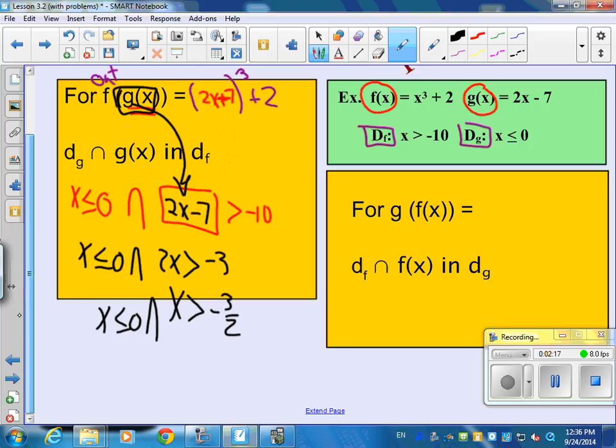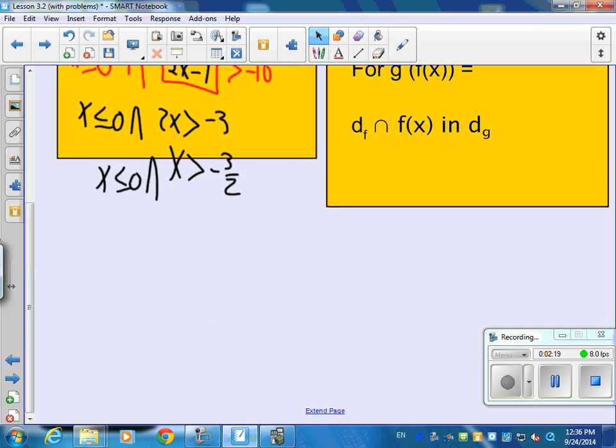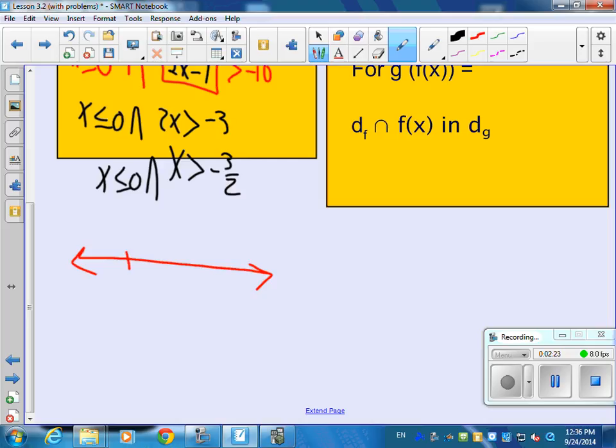So we're going to do the intersection of these two. A little tricky because you've got to visualize it on a number line. Here's negative 3 halves. Here's 0. So if it's less than or equal to 0 and greater than negative 3 halves, I'd say you have two ways to write your answer.